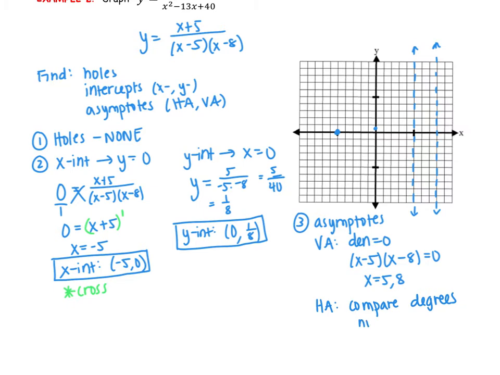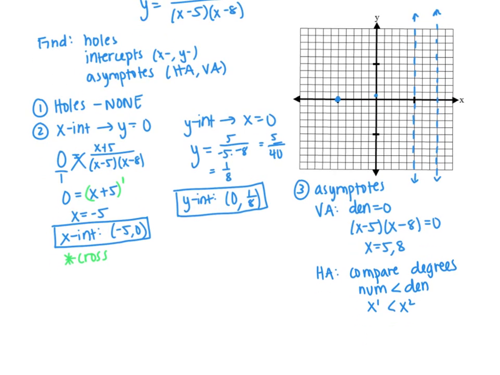In the case where the numerator is smaller than the denominator, like we have here, x to the first compared to x squared, that tells us that our horizontal asymptote is at y equals 0. So we are going to graph that.